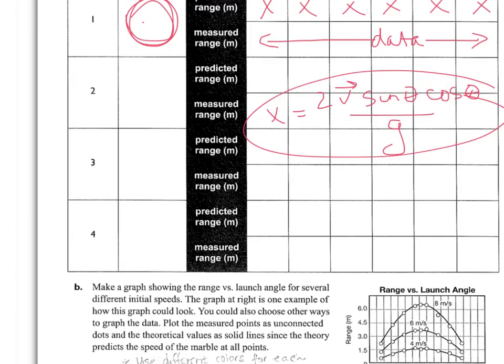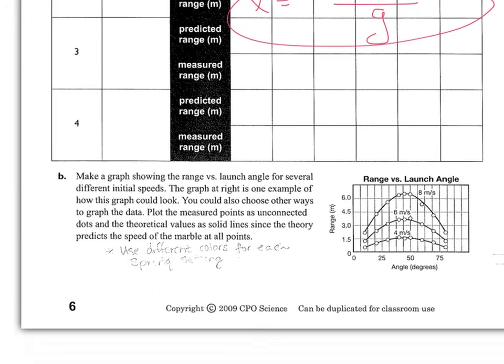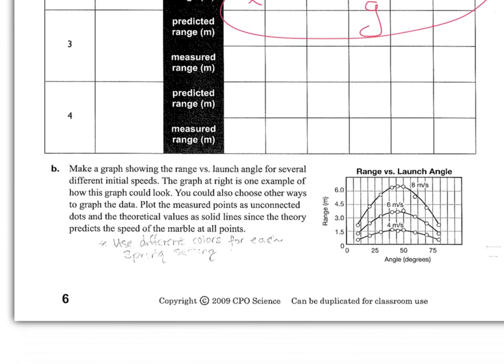Once you get this table figured out, you're going to need to graph, and I would highly suggest that you take the time to graph on the graph paper on the next page using different colors to show the different sets of data. You'll notice this message did come through. I said use different colors for each spring scale setting.